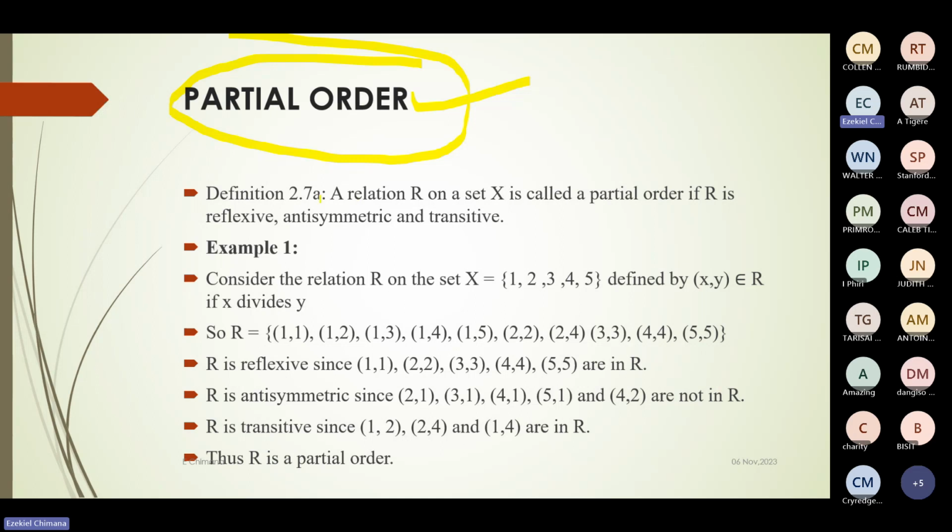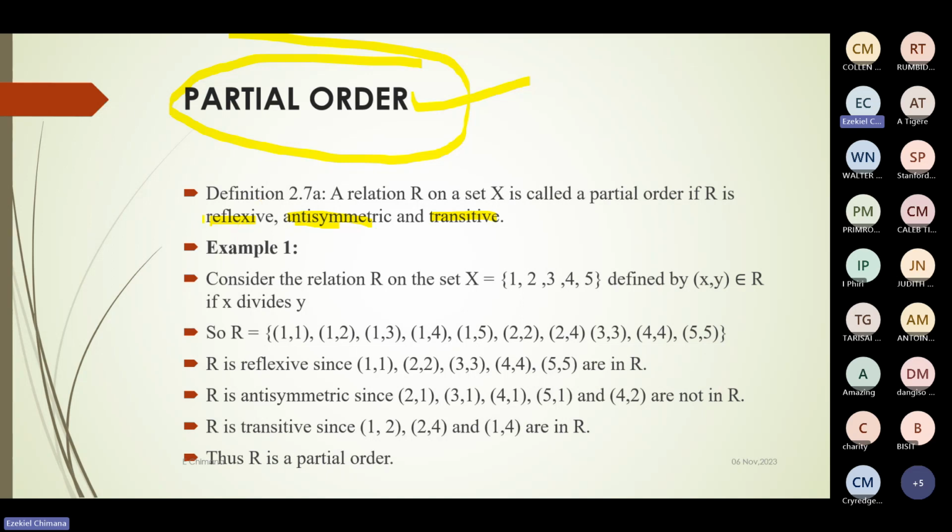By definition, a relation R on a set X is called a partial order if R is reflexive, antisymmetric, and transitive. So if you are asked to assert whether this relation is a partial order, you just need to check if it is reflexive, antisymmetric, and transitive. And we have actually done that.